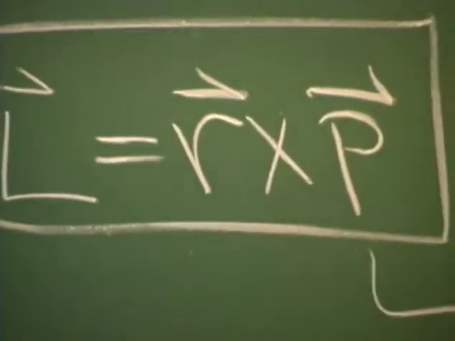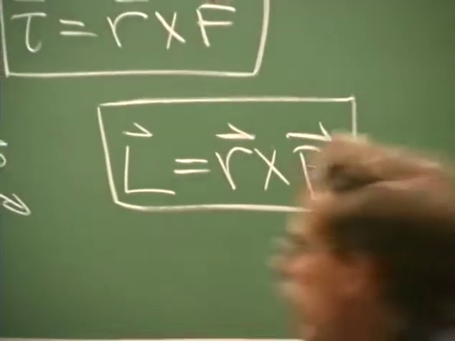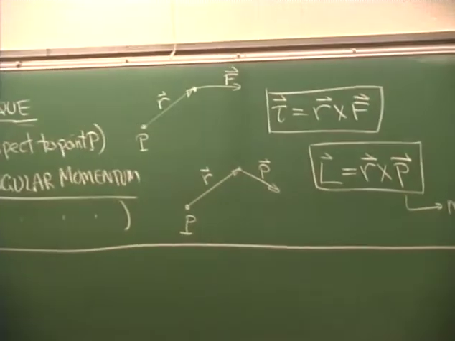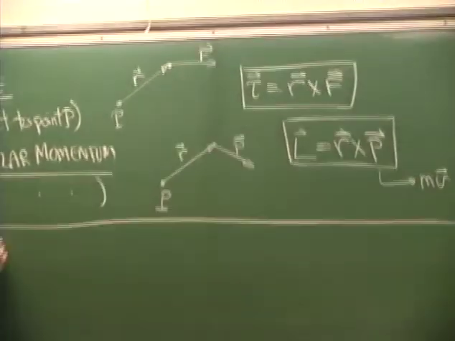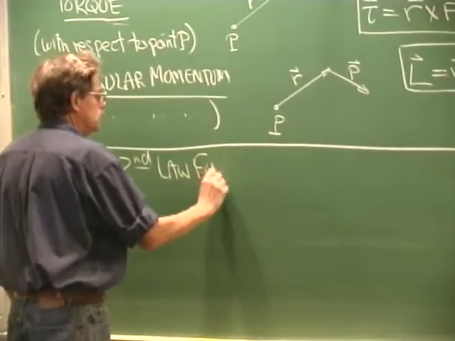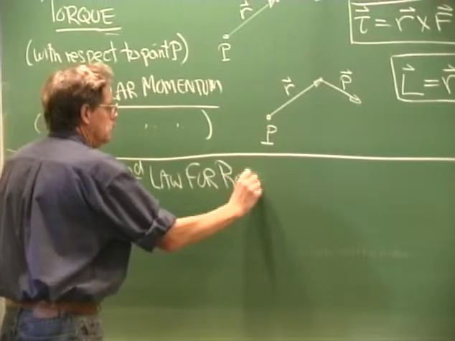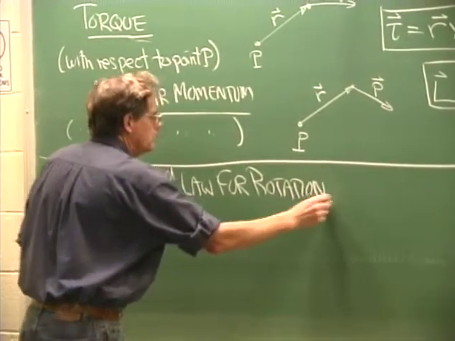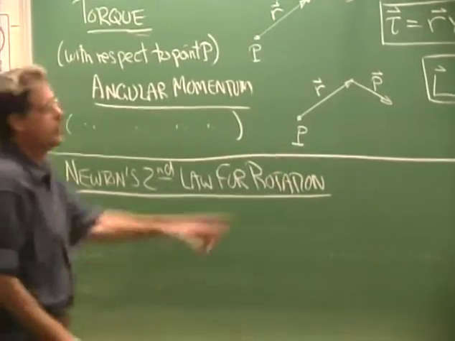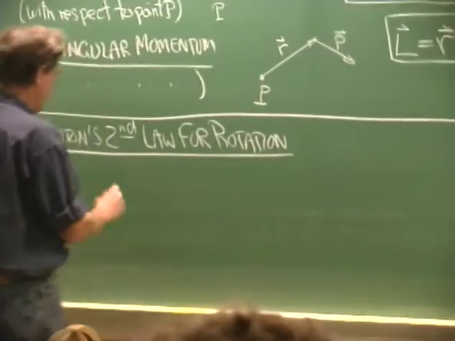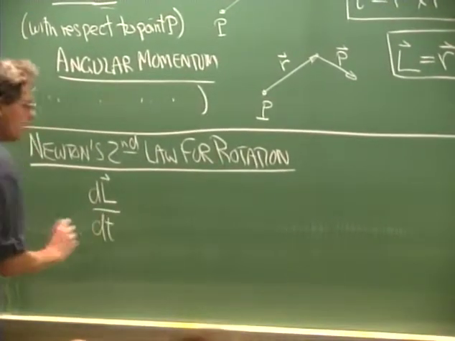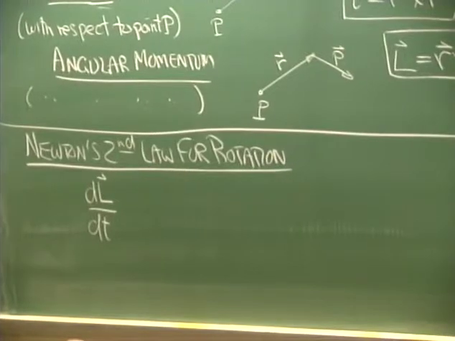Now, what good are they? They give rise to a nice formulation of Newton's second law for rotations. Suppose I calculate the time derivative of the angular momentum, dL by dt, the rate of change of the angular momentum.